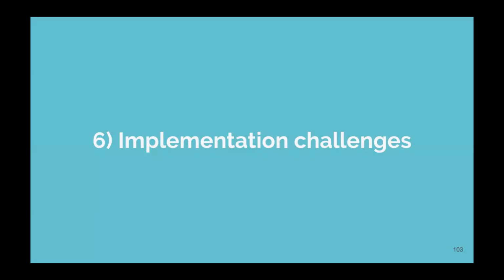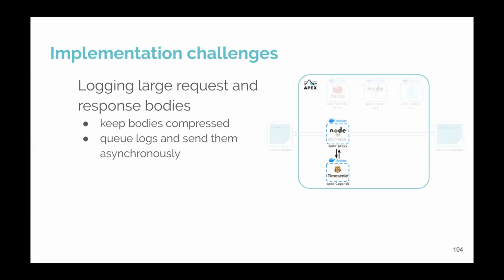In implementing Apex, we did come across some interesting challenges. We want to log every request, but what happens if we're logging extremely large request bodies? We found as we were testing the Apex solution that there were times when the Apex proxy was receiving a large response body and taking extra time to send that over to the logs database.